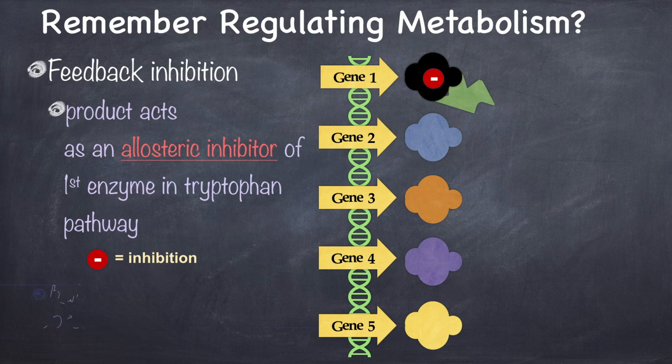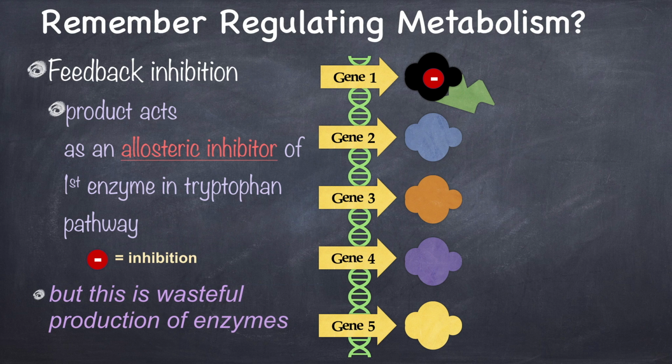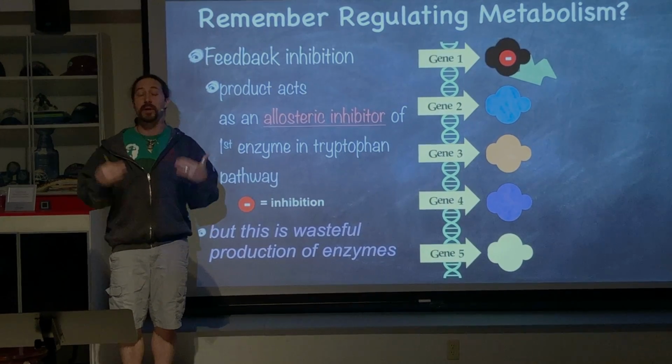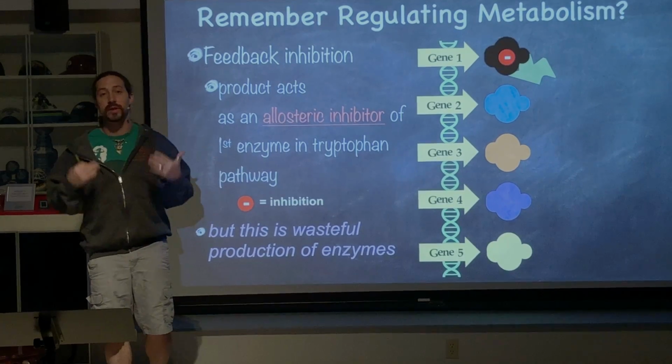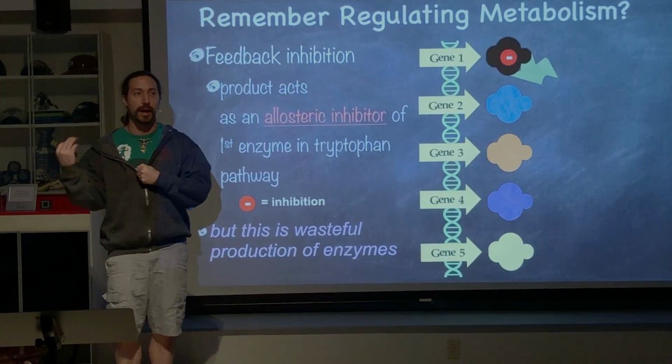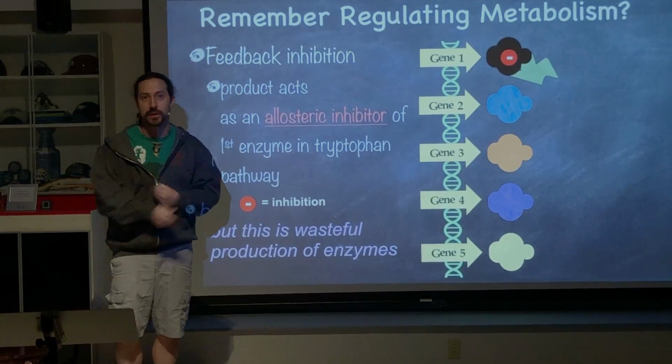The problem with this is very simple. It's wasteful. We have made all these enzymes that are not going to be used. And this is not good for the prokaryote because the prokaryote needs to conserve its energy. It doesn't want to waste product to make extra stuff that it's not going to use.